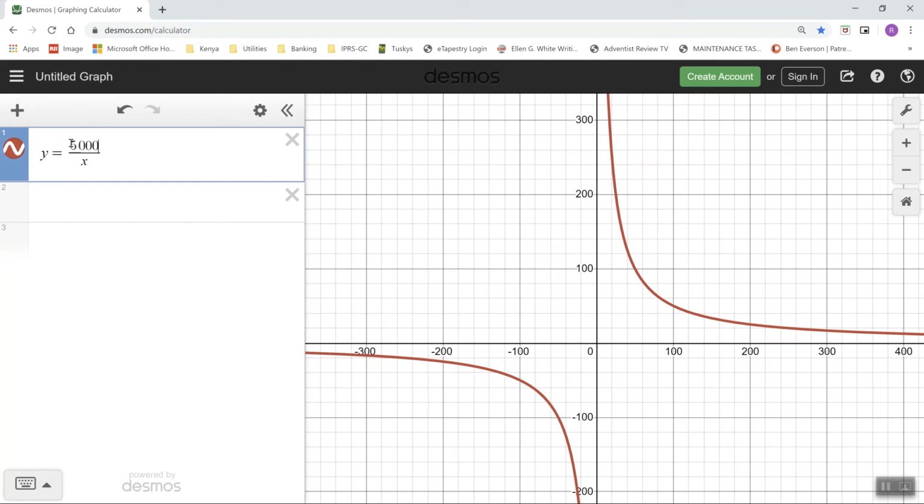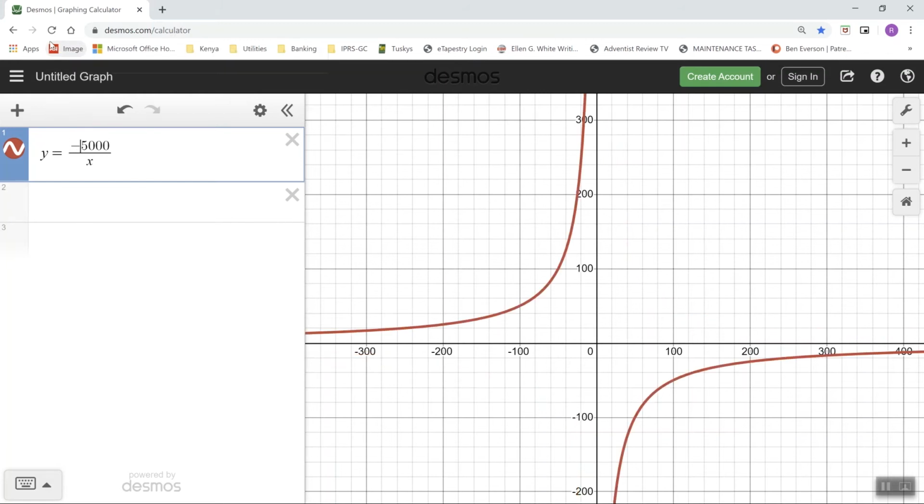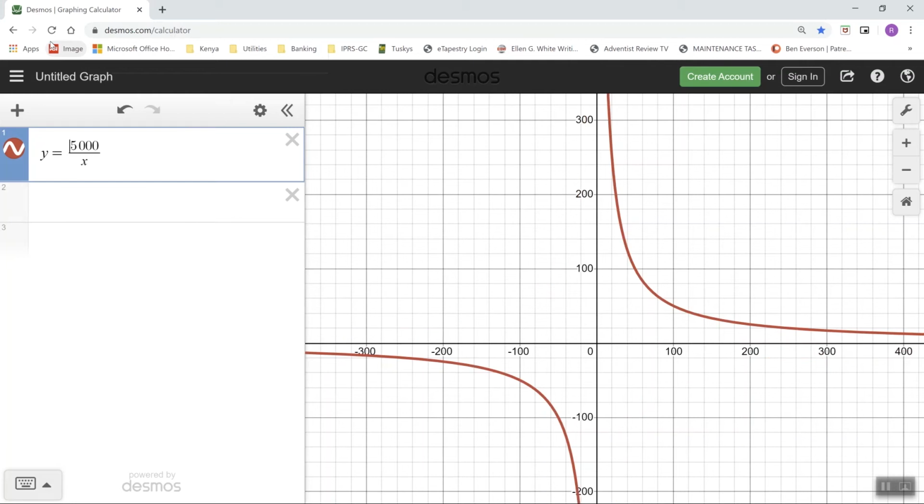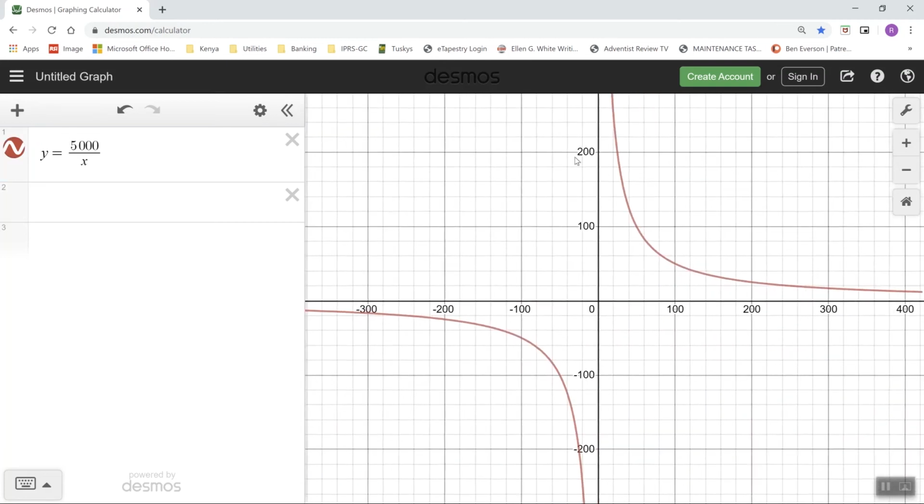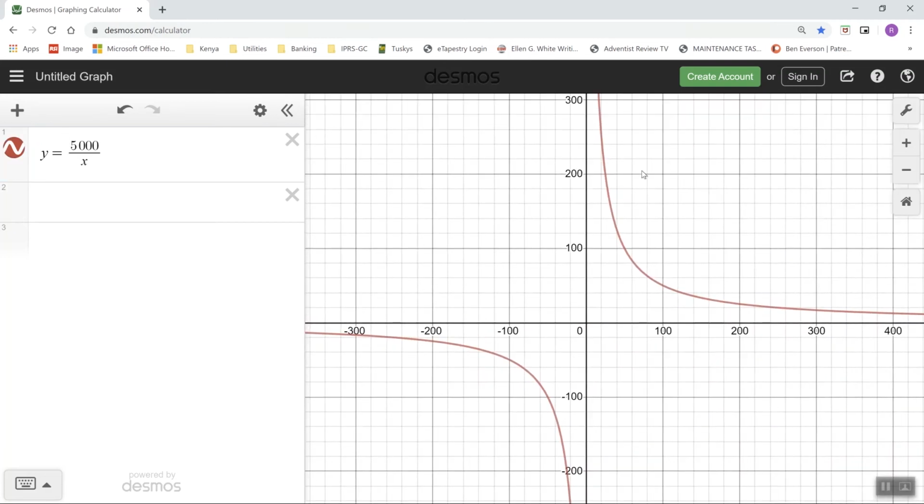So watch what happens here if I throw a minus sign in front of that 5,000. If it's a negative 5,000, watch the graph. Are you watching? Boom. Okay, what just happened? It got reflected across the x-axis. Look at this. So look at this section up here on the right, up here in this first quadrant.